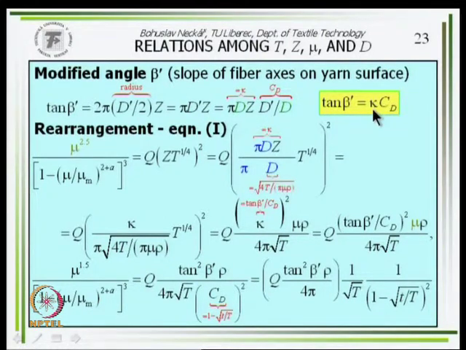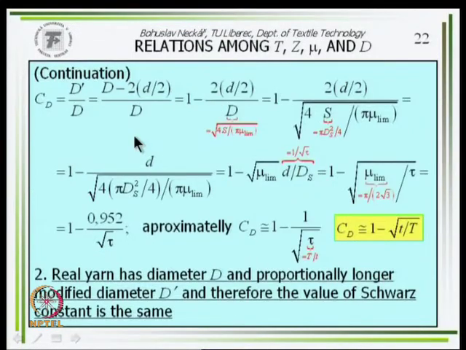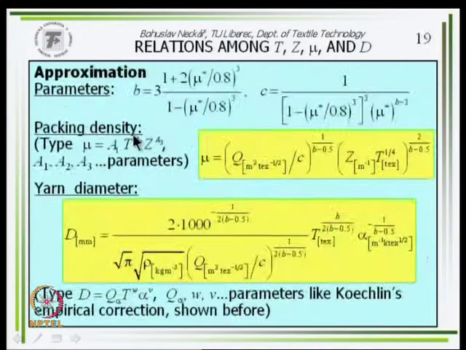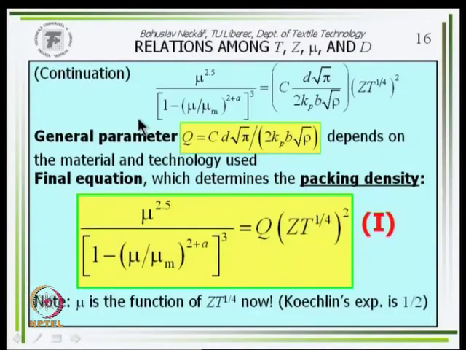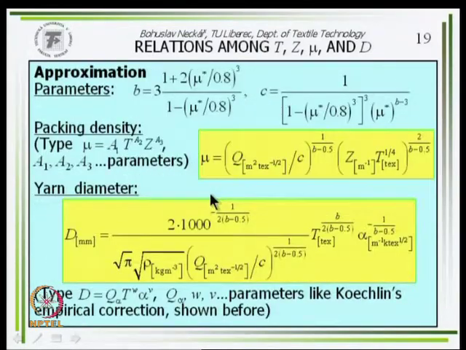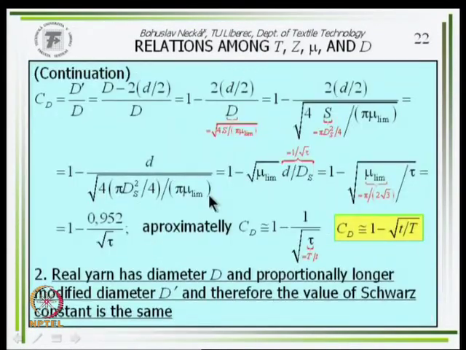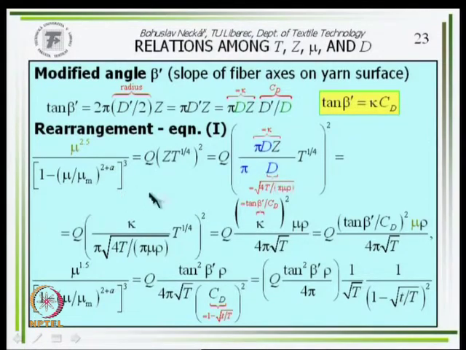Well, now let's rearrange our earlier equation 1. This is our earlier equation: Z times t to the power of a quarter.